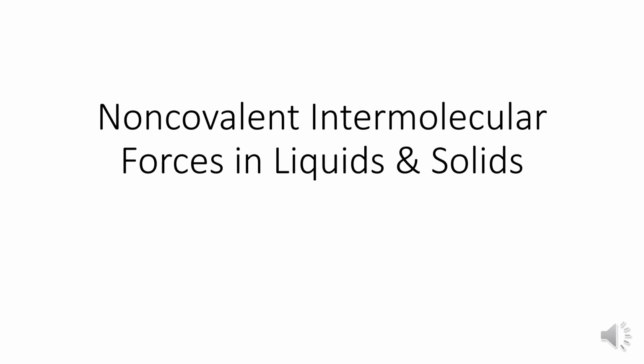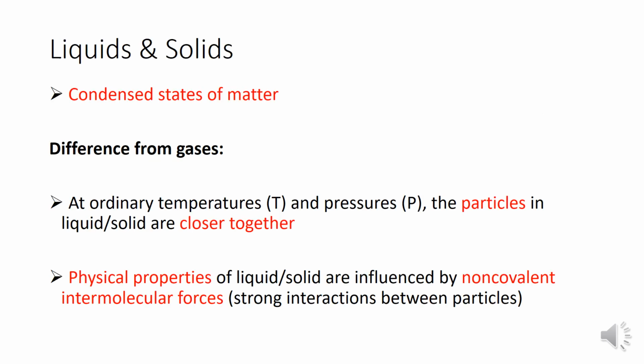Hi, in this video, we will discuss the noncovalent intermolecular forces in liquids and solids. Liquids and solids can be considered as condensed states of matter because, for example, we know that liquid water can be condensed from water vapor.